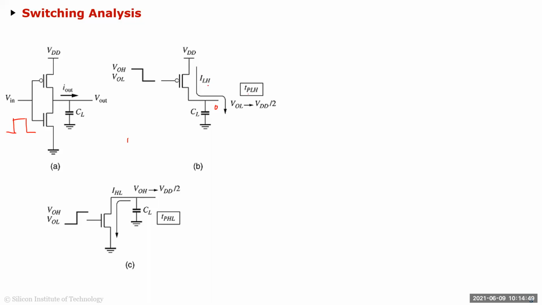And if this current is, let's say we call this ILH, and the load capacitance is CL, then if you write the equation for your current through the capacitor, it's CL dV over dt. And if this was a constant current, then delta T is equal to CL times delta V over I, right?